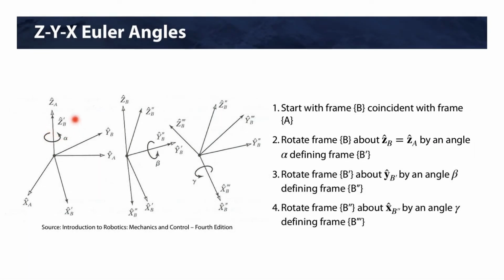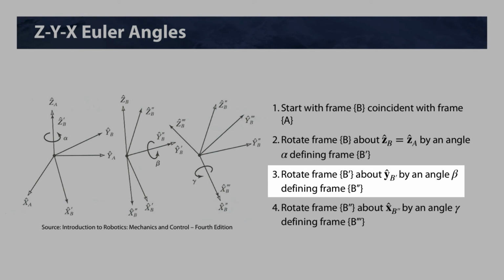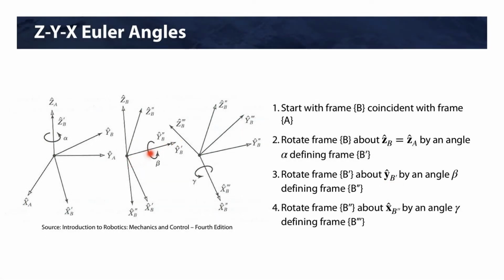So we're rotating our B frame about our ZB axis by alpha, and this is going to define a new frame, which we're going to call B prime. We're now going to rotate the B prime frame about our new y-axis, B prime. So now we're going to rotate about it by the amount beta, and this is going to define a new frame, B double prime.